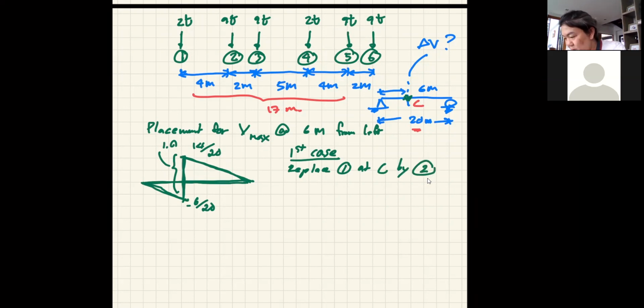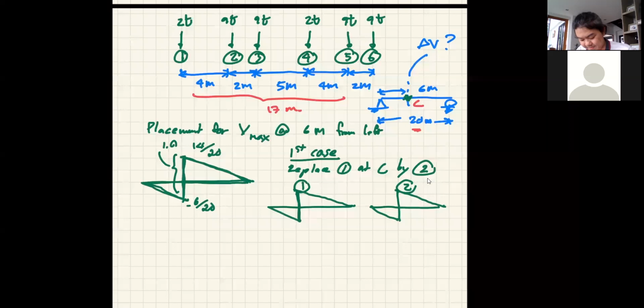So what we usually have is like this. Load number 1, and then we move everything to the left, so that load number 2 replaces load number 1 at C. Okay, can you guys see that?